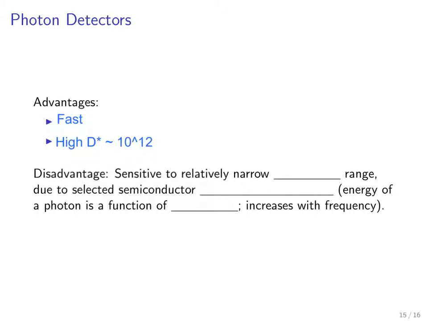The main disadvantage is that they are sensitive to a relatively narrow range of light wavelengths, and that range of wavelengths that any given device is sensitive to is due to the selected semiconductor band gap energy.